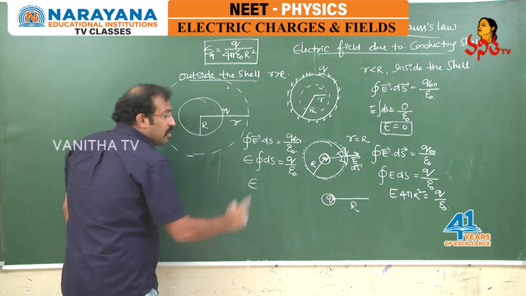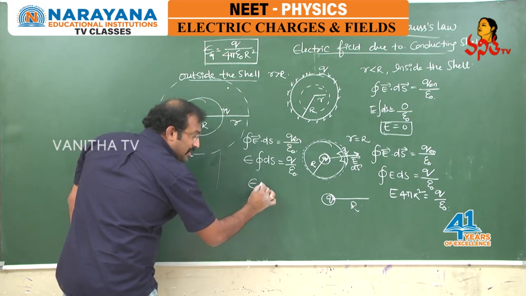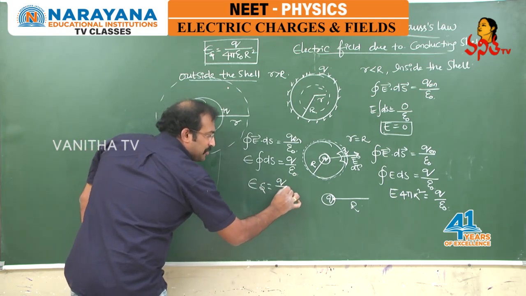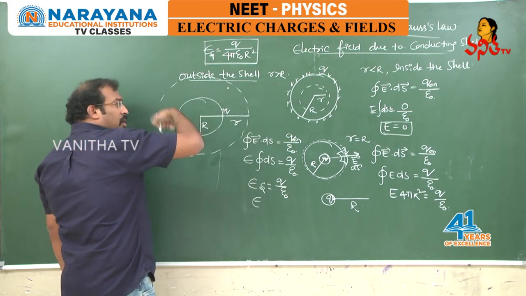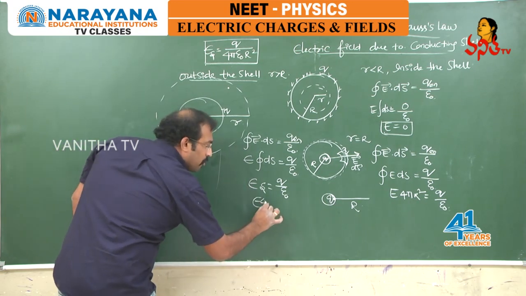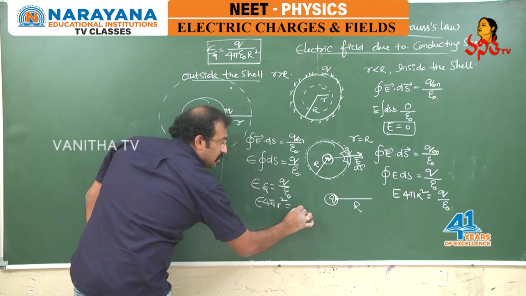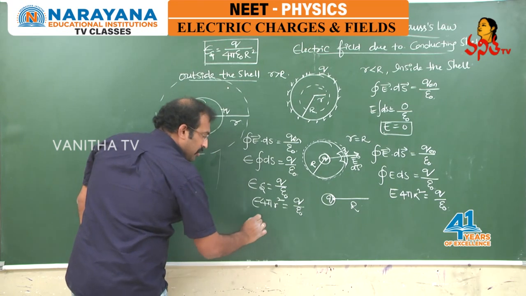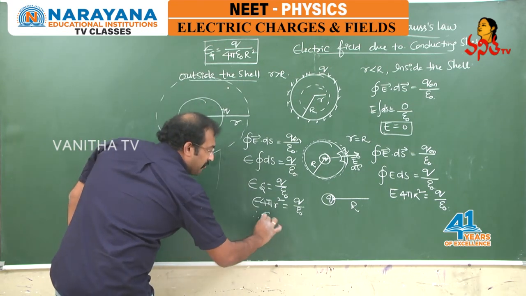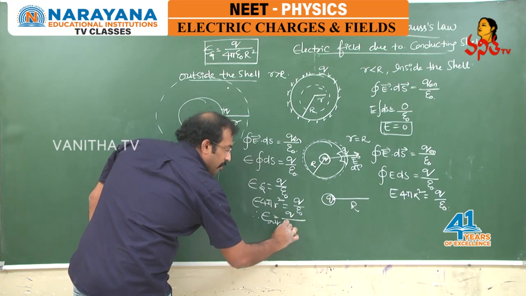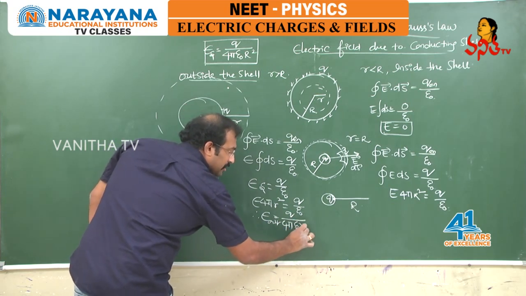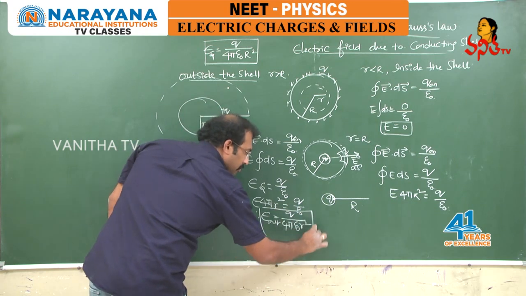The closed integral of ds is the total surface area of the Gaussian surface, 4 pi r square, so E times 4 pi r square is equal to q by epsilon naught. Therefore, the electric field outside is given by q by 4 pi epsilon naught r square.